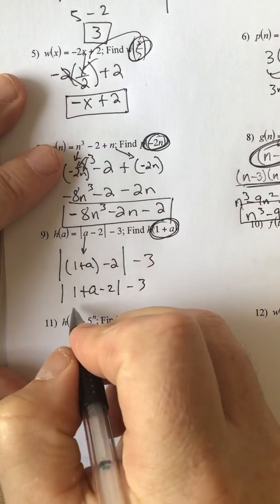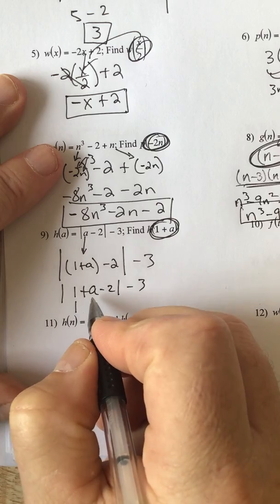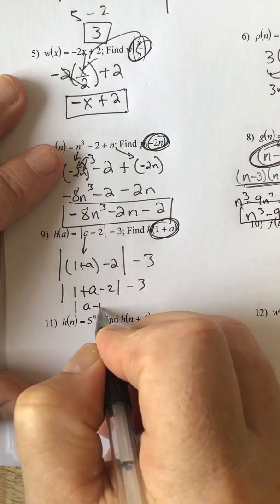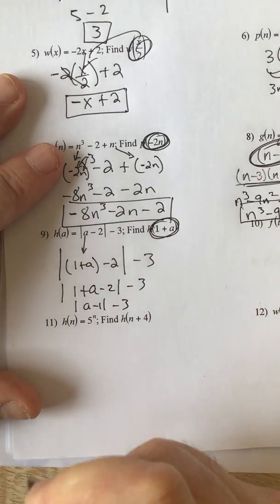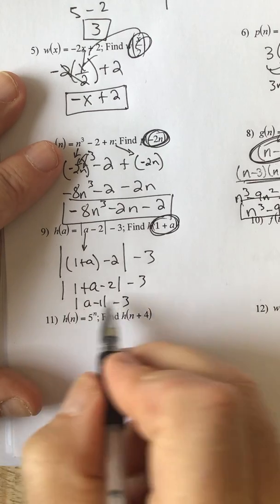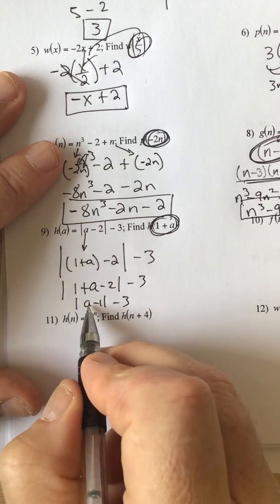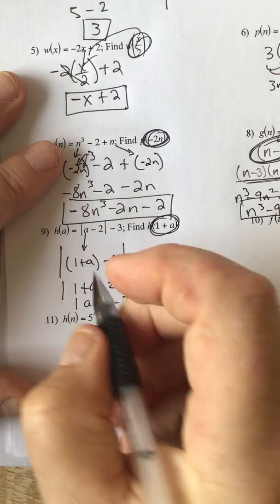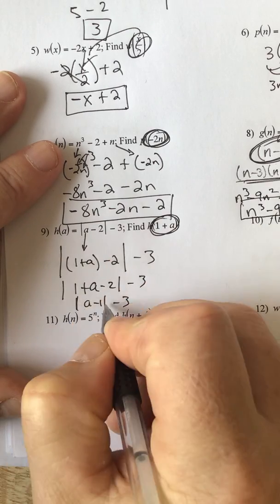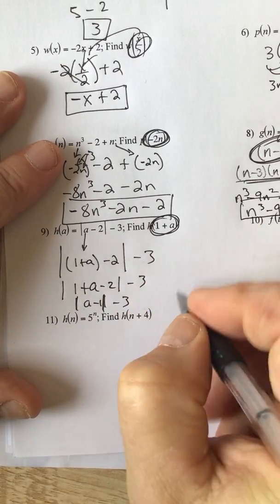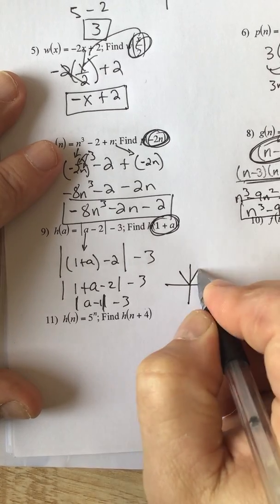Well, 1 minus 2, so that's the absolute value of, I'll put the a first, a minus 1 minus 3. Now, that's as far as that goes. You don't take these out of, that does not become a plus 1 when it comes out of there. That's a package. That means it's basically a V shape.